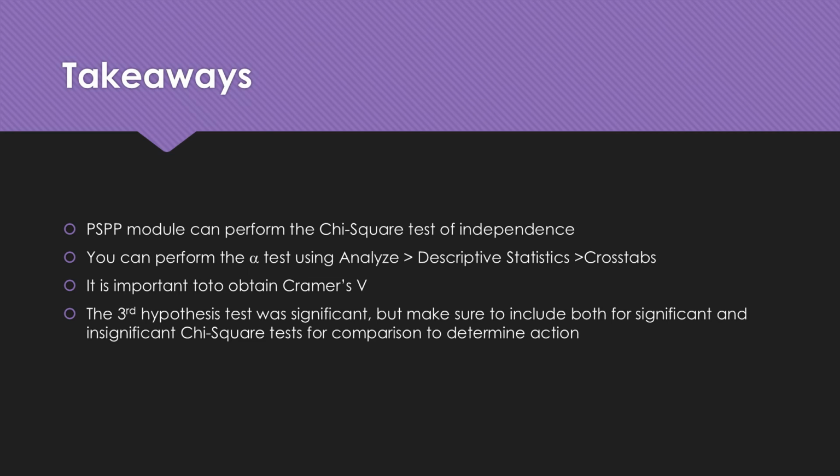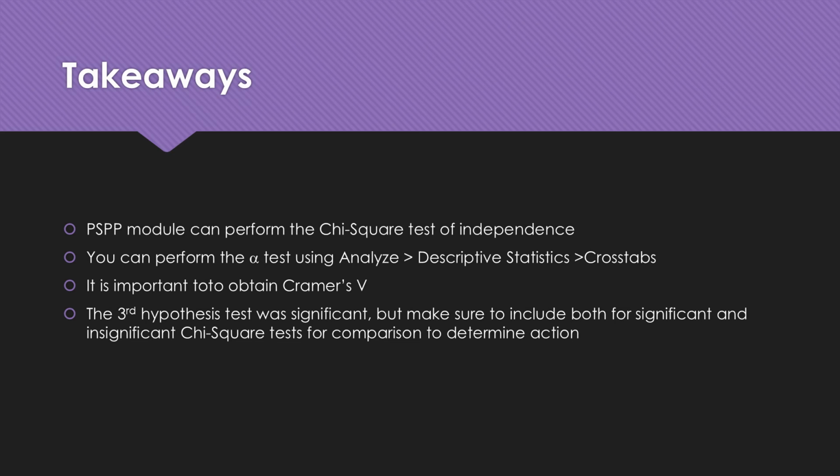The third takeaway, which is the most important of all the takeaways, is that it is important to obtain Kramer's V, because Kramer's V will determine the strength of the relationship, beginning from 0.00 all the way to 1.00, with it being perfect symmetry, as the table states.